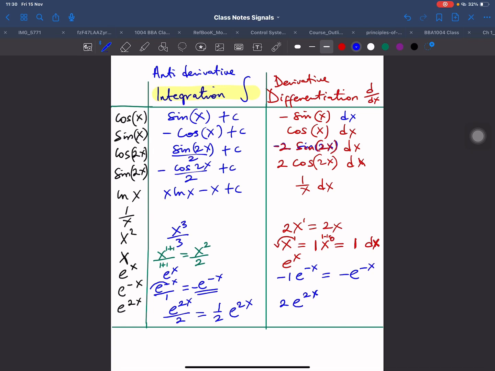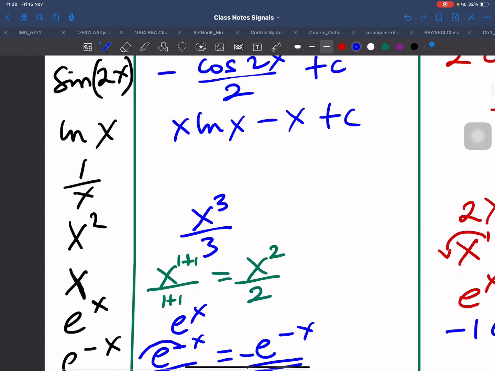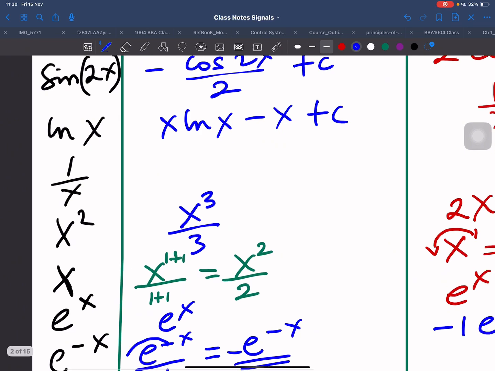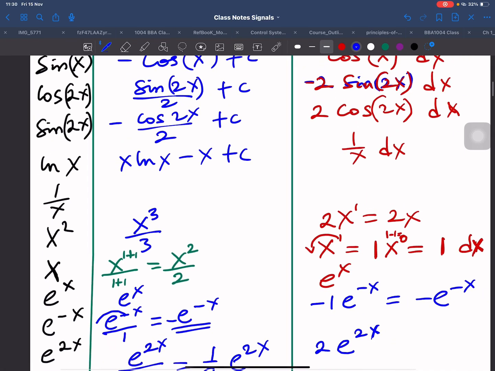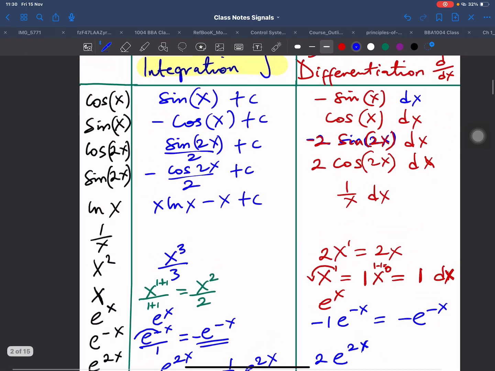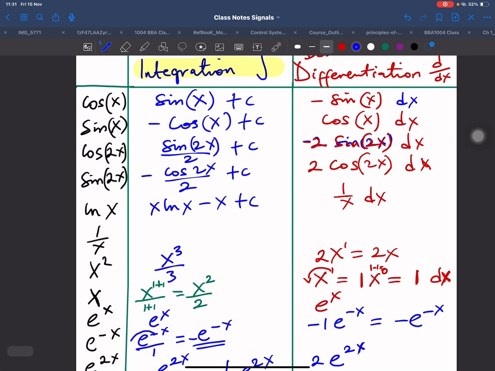So I now come to the one of ln x, the one of 1 over x. Normally, when we meet 1 over x, the integration is ln x.